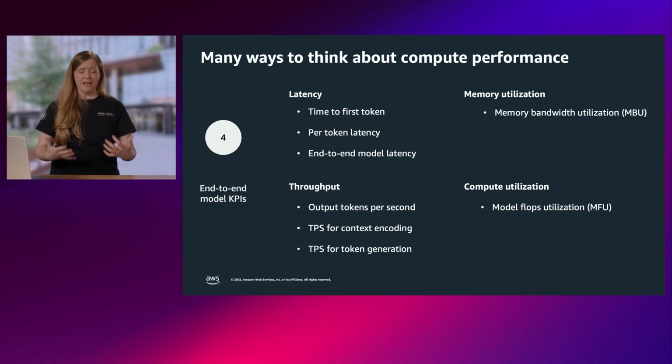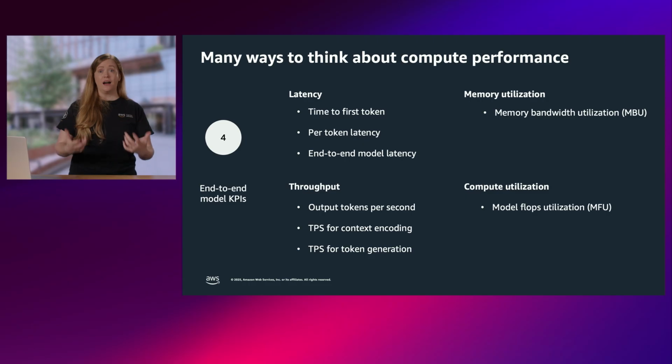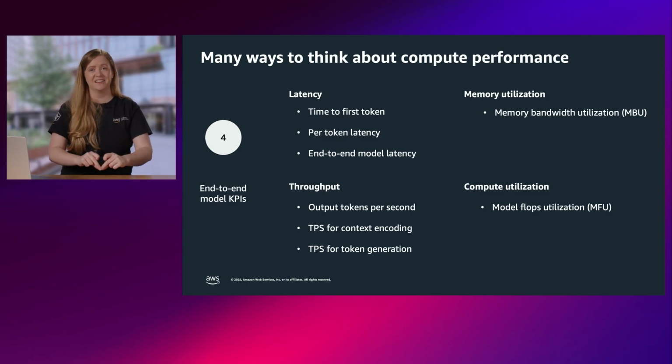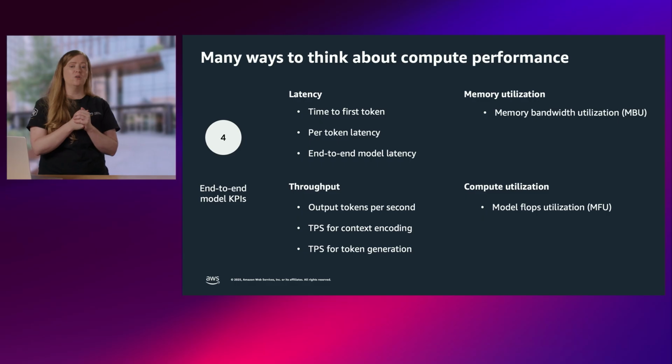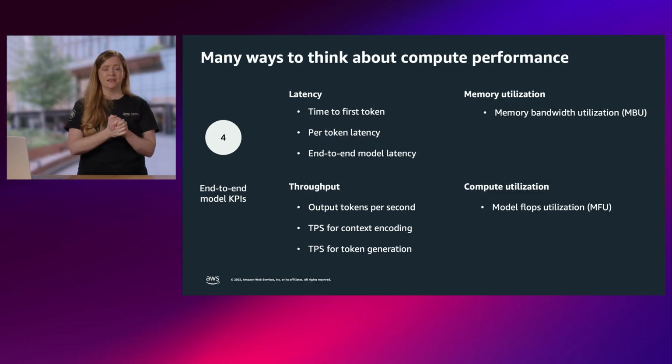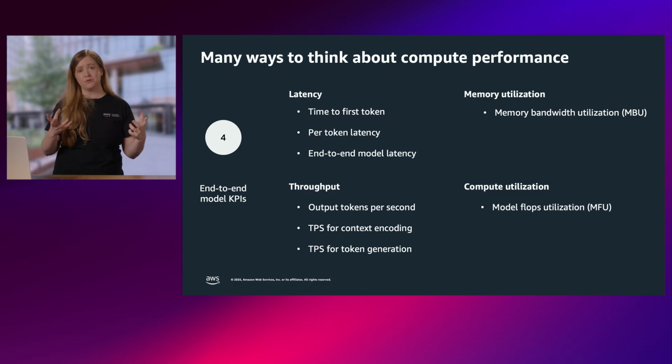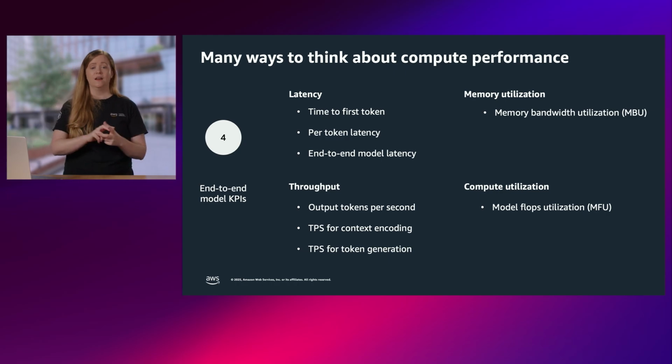The first one is latency. Latency really is about time, normally time where you are waiting for something. So latency is the latent time between you and the thing that you want to happen. Some of the KPIs in the latency space are things like time to first token, or TTFT. TTFT is the time from when you send data to your model to when you get a response, normally in milliseconds.